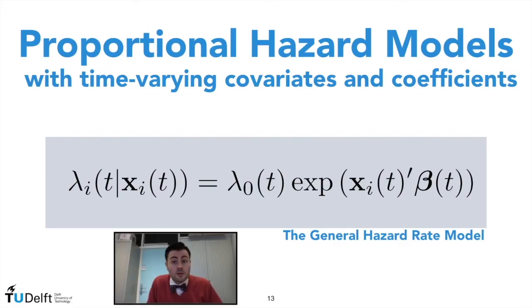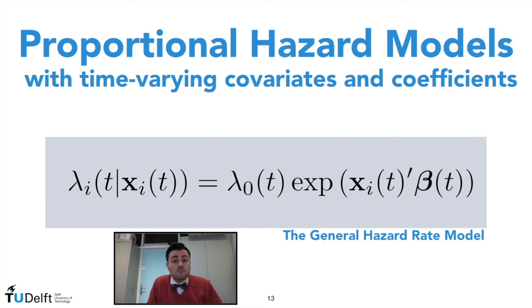We can also be fancier by defining the so-called general hazard rate model, in which the vector beta, the vector of the coefficients, is replaced with a vector beta of t, in which we are assuming that also the coefficients are time varying.